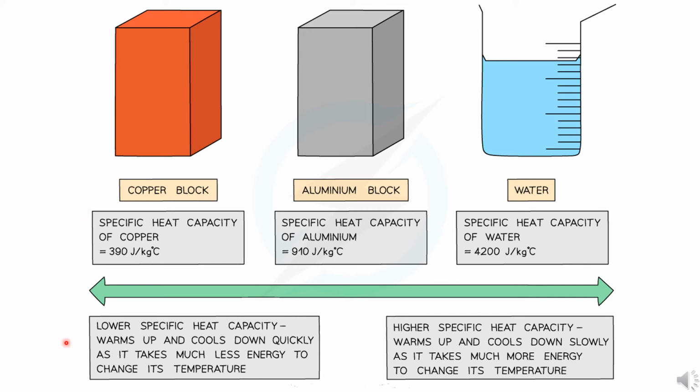And it says over here, lower specific heat capacity means it warms up and cools down quickly, as much less energy is needed to change its temperature. And that makes sense. If we use less energy to heat it up, that means it could also cool down quickly in the same amount of time. And a higher specific heat capacity means it warms up and cools down slower, as it takes a lot of energy to change its temperature.